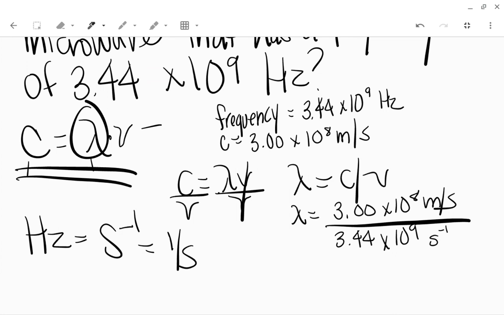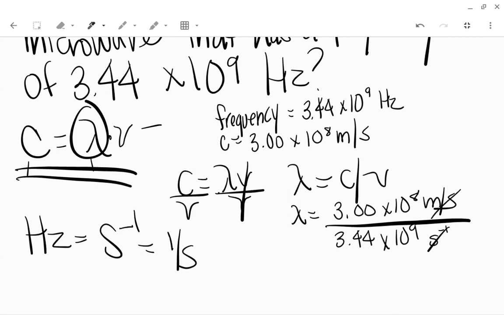which means this one and this one cancel out, leaving me with just meters, which is correct. The units for lambda are meters, nanometers, and centimeters. Okay.